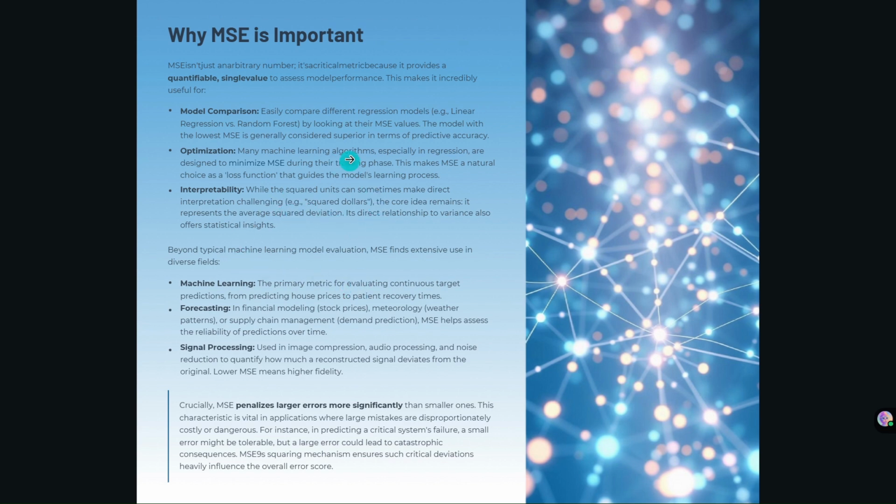During training, most algorithms are designed to minimize MSE, so it acts like a guiding compass. And in real world use cases, MSE ensures safety and reliability. Imagine predicting patient recovery times. A smaller error might be okay, but a big error could be dangerous. So MSE penalizes those big mistakes much more, making the model safer to use.